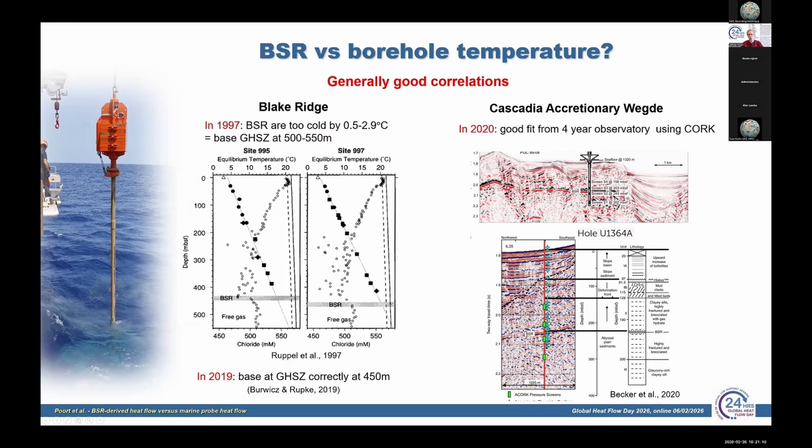And after this 4-year observation, in comparison with the BSR, they found a very good fit between the temperature estimated from the hydrate stability diagram and the one measured in the borehole.